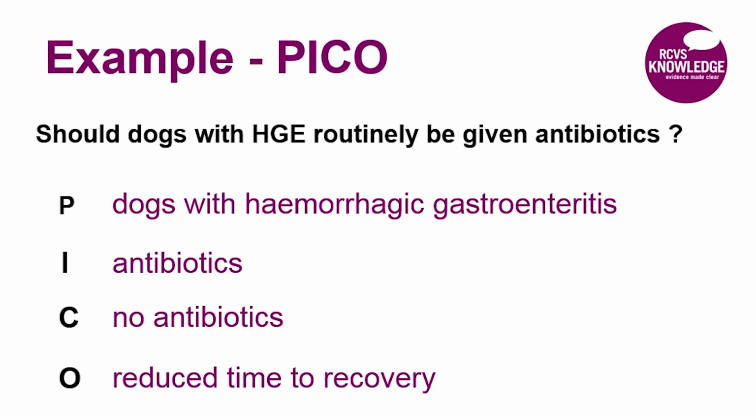Yeah? So does that sort of make sense? PICO is just a tool to help you. It's not meant to be a straitjacket. If you can't put anything in any of those lines that makes sense to you, then don't worry about it.